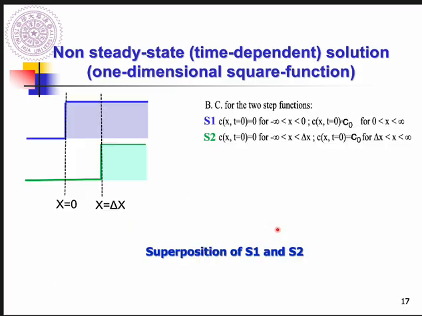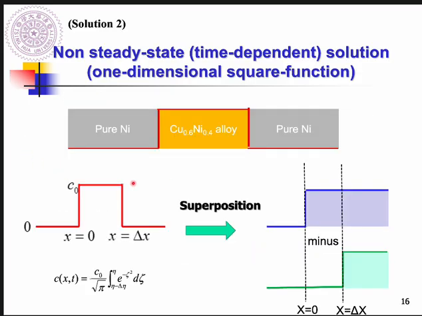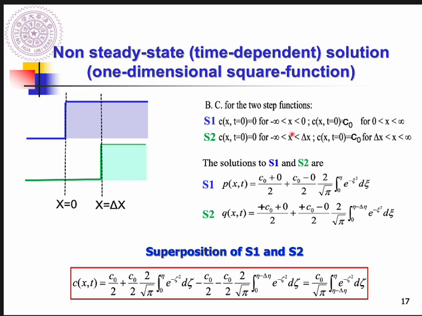If x is smaller than 0, you use this plus this one, so 0. And this minus this one, you get C0 minus 0, you get C0. And C0 minus C0, you get 0. So you can simply get the solutions minus the solutions, then you will get the same results.